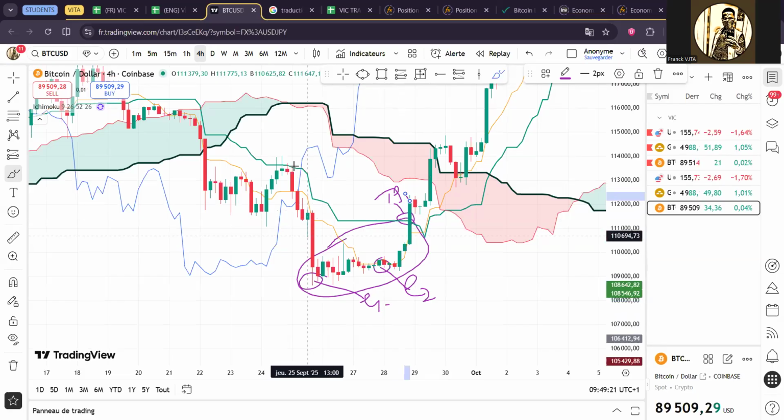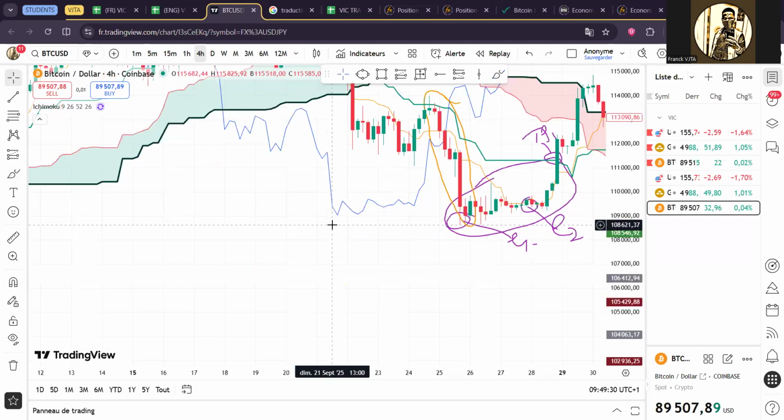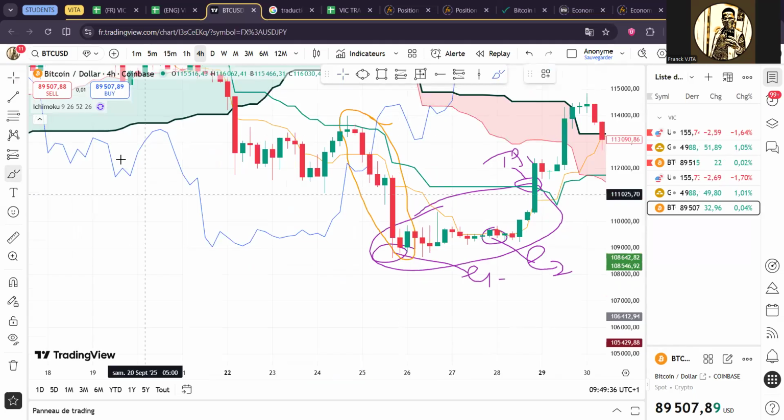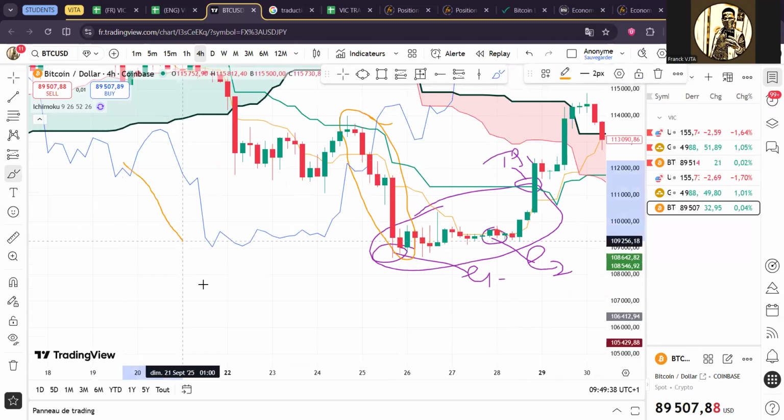But you also have what I call the Luffy leg here. I explained that to you in the previous video. You see, this is a Luffy leg. You can have a leg like this, right?